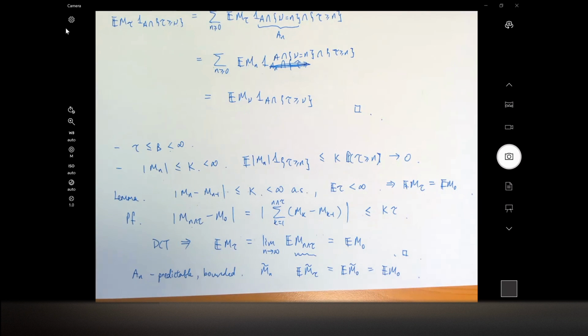You should be able to find examples whereby just the conditions in the optional stopping theorem would not give you that the martingale transform also has this property. So you do need this kind of stronger condition.